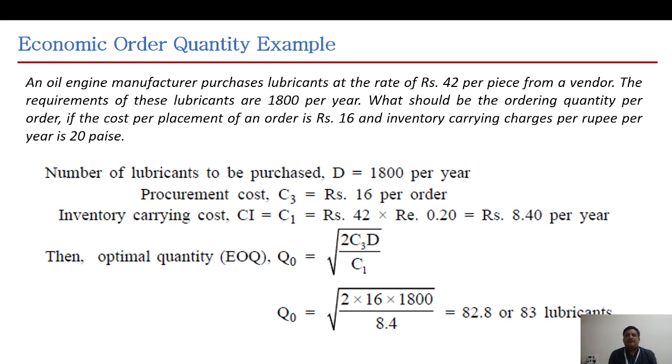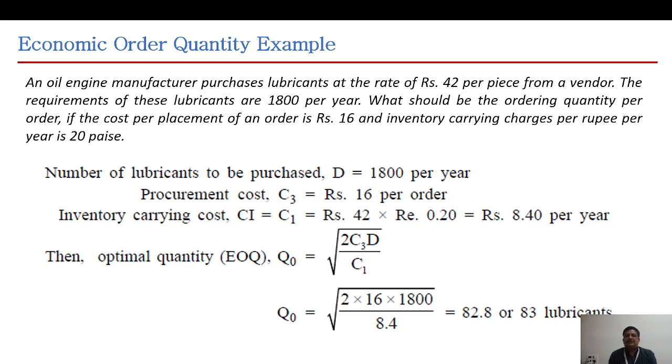Then what do we have to find out? We have to find out the ordering quantity per order. The cost per placement of order is 16 rupees, and inventory carrying charges are 20 paise per rupee per year. So we start with capital D, the number of lubricants to be purchased, 1800 per year.